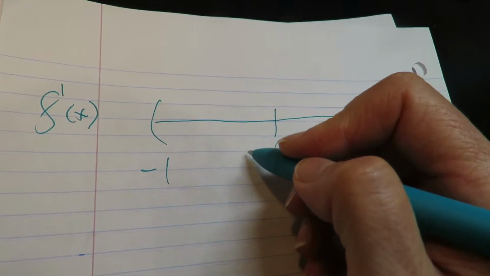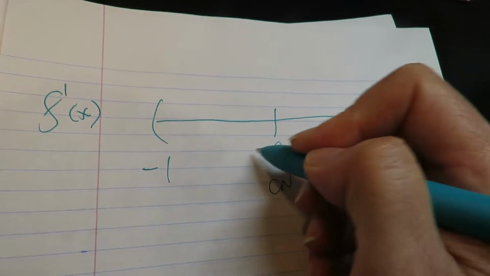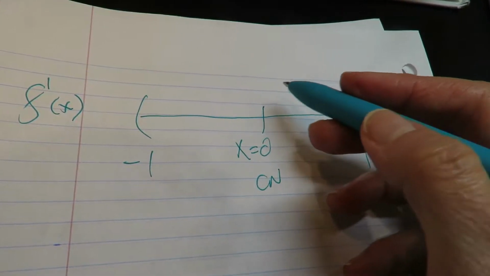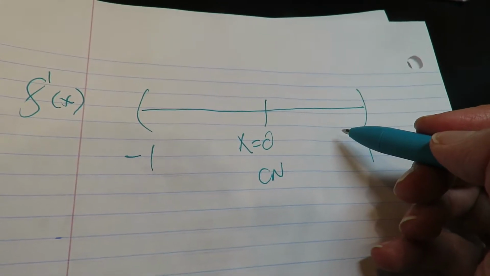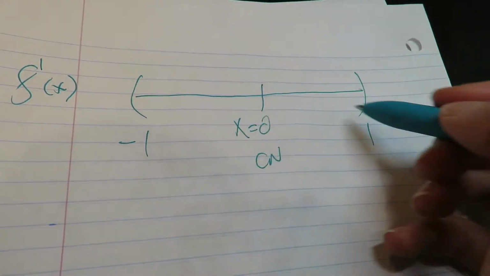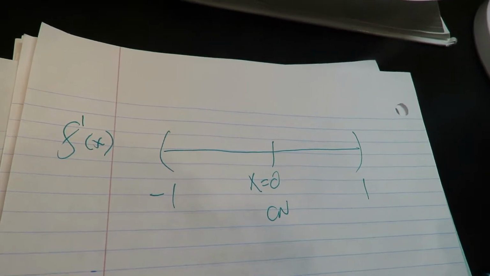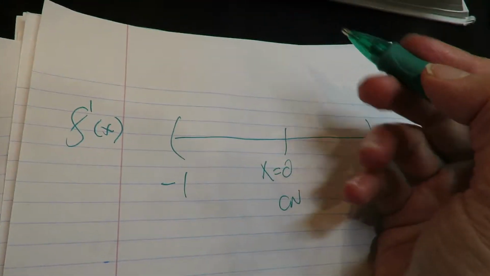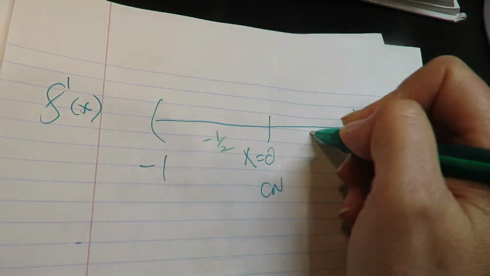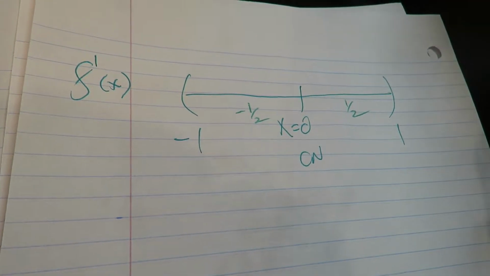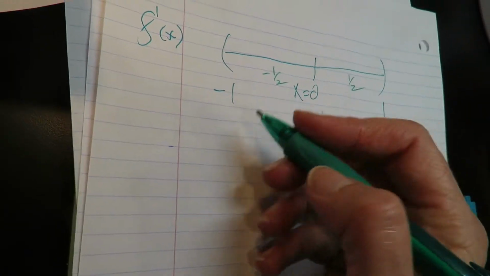And then you've got your critical number here at x is equal to 0 that we solved for. So now I'm going to test the derivative to the right and the left of this value. Something nice might be -1/2 and maybe +1/2. It just depends what you like.